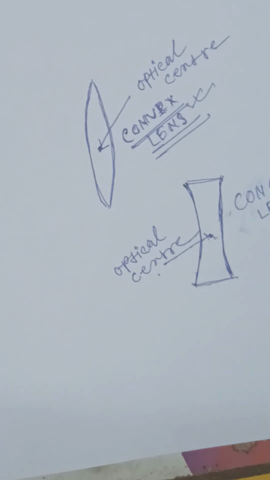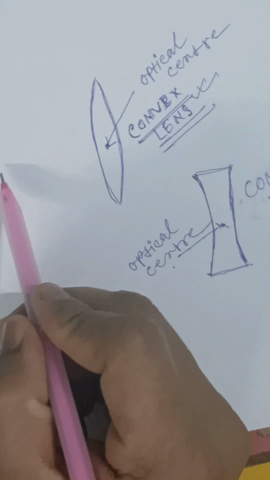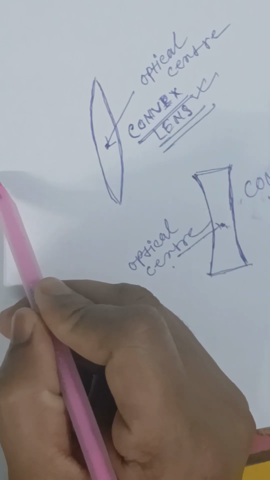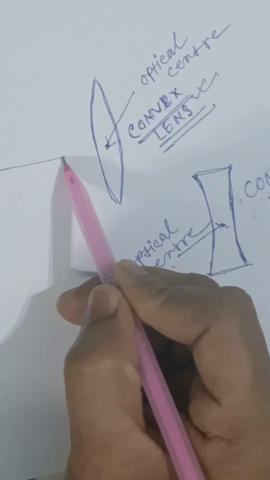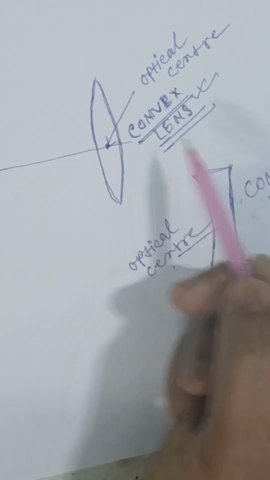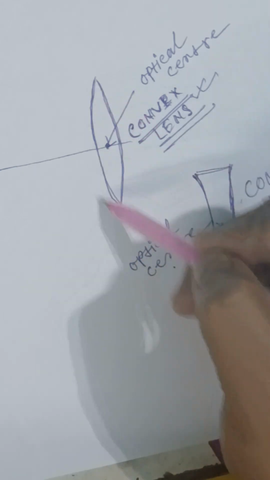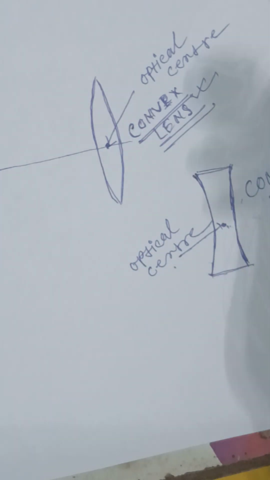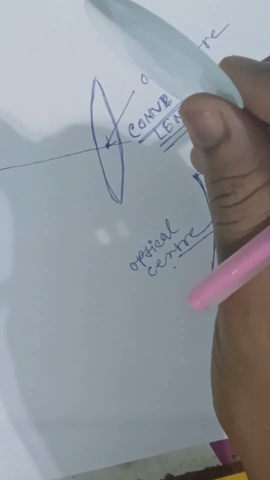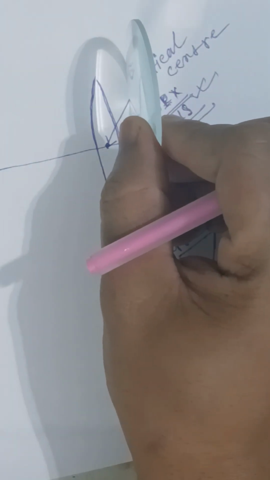And another term: one straight line which passes through the optical center, and that is perpendicular to both surfaces. Both surfaces means, if you look, this is the convex lens.